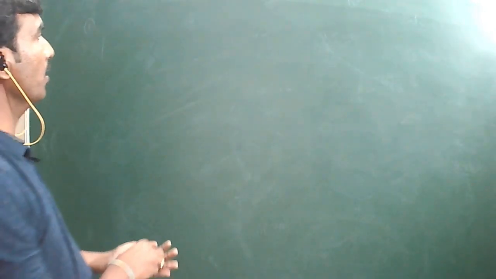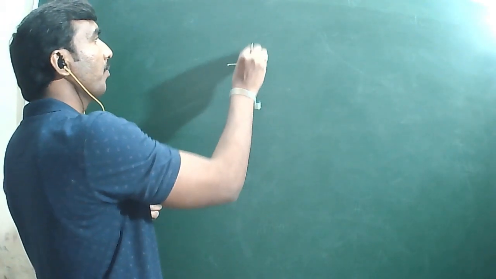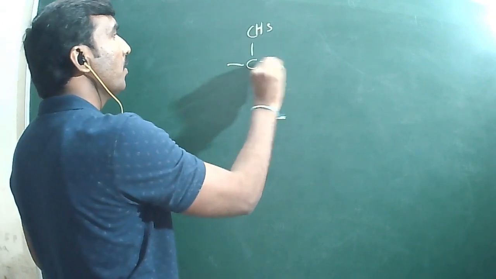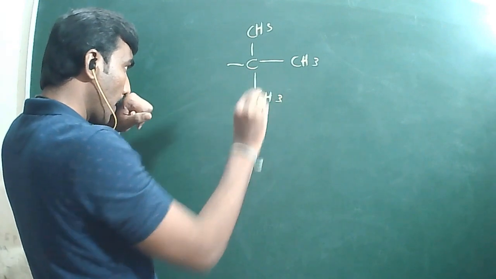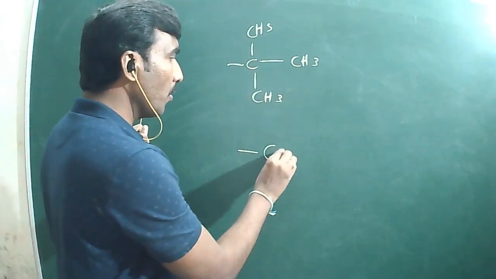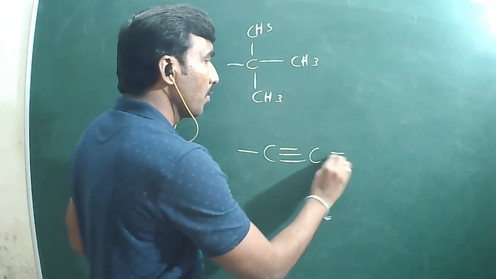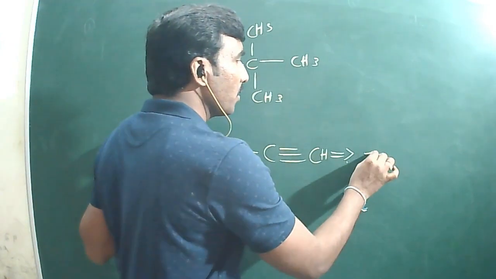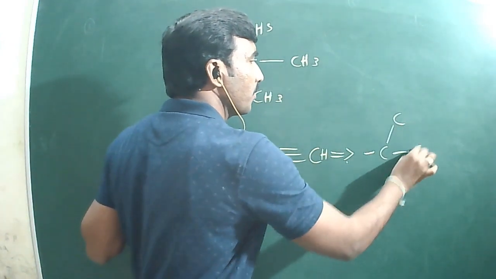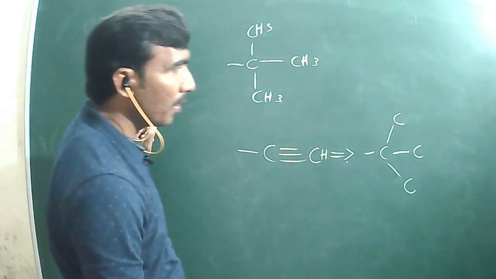Tertiary butyl group, I am taking carbon, CH3, CH3, CH3, right? Triple bond means it is attached with 3 carbon atoms, right?